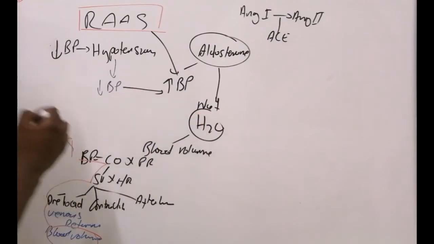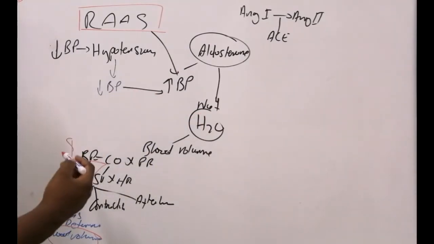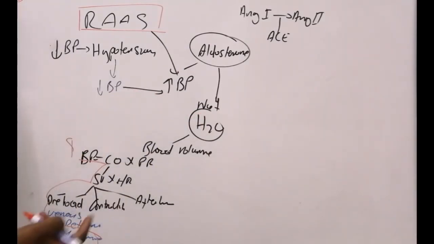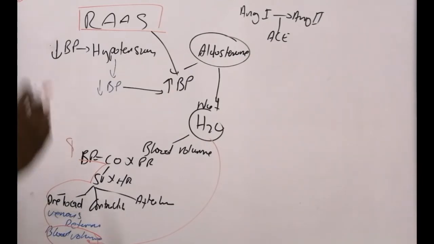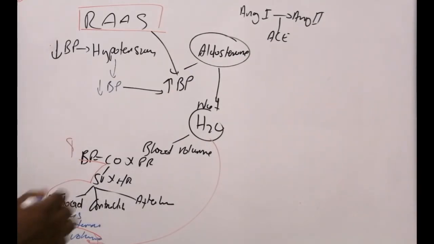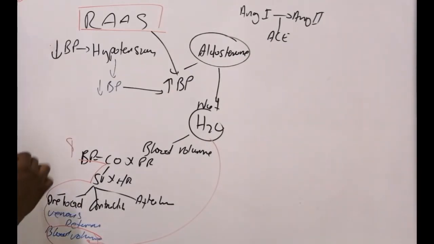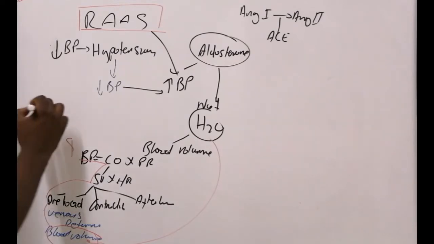It reabsorbs sodium, and water follows. When water follows and is reabsorbed back into the system, your blood volume will increase. After you have done this for some time, you start having an increased blood pressure, and you get a normotensive patient.